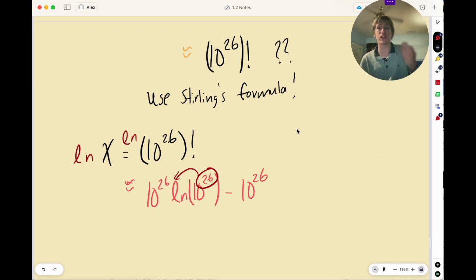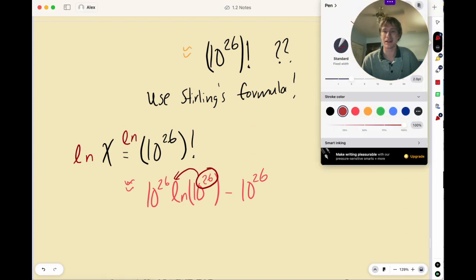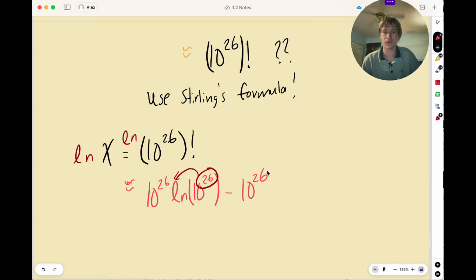And we can actually use a calculator and figure this out. So I'll be right back while I do that. Okay, so when I did that, I got an answer of roughly 5.887 times 10 to the 27th power.